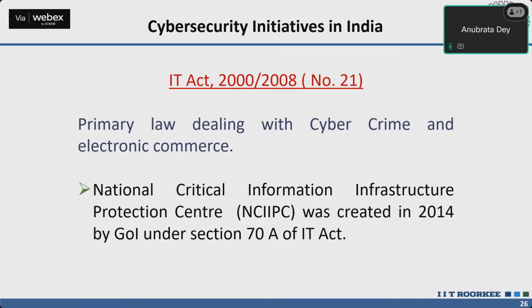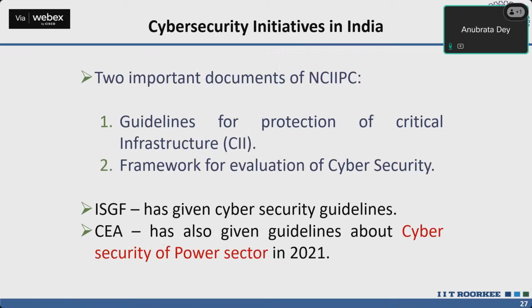Now this NCIIPC is going to deal with two important aspects. One is they are going to prepare the guidelines for protection of critical infrastructure of our country. And second, they are going to prepare a framework for evaluation of cyber security in our country. Before 2014, there was no framework. That's why the government established this NCIIPC.